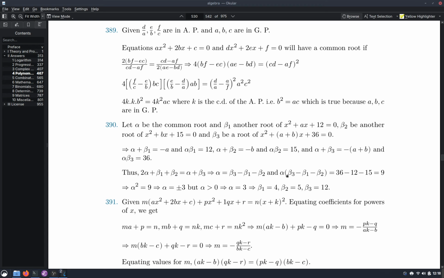And we can also write that alpha into beta 3 minus beta 1 minus beta 2 is equal to 36 minus 12 minus 15, which is 9. So from these two equations, alpha square is equal to 9, so alpha is equal to plus minus 3. But alpha is greater than 0, so alpha is equal to 3, and beta 1 is equal to 4, beta 2 is equal to 5, and beta 3 is equal to 12.